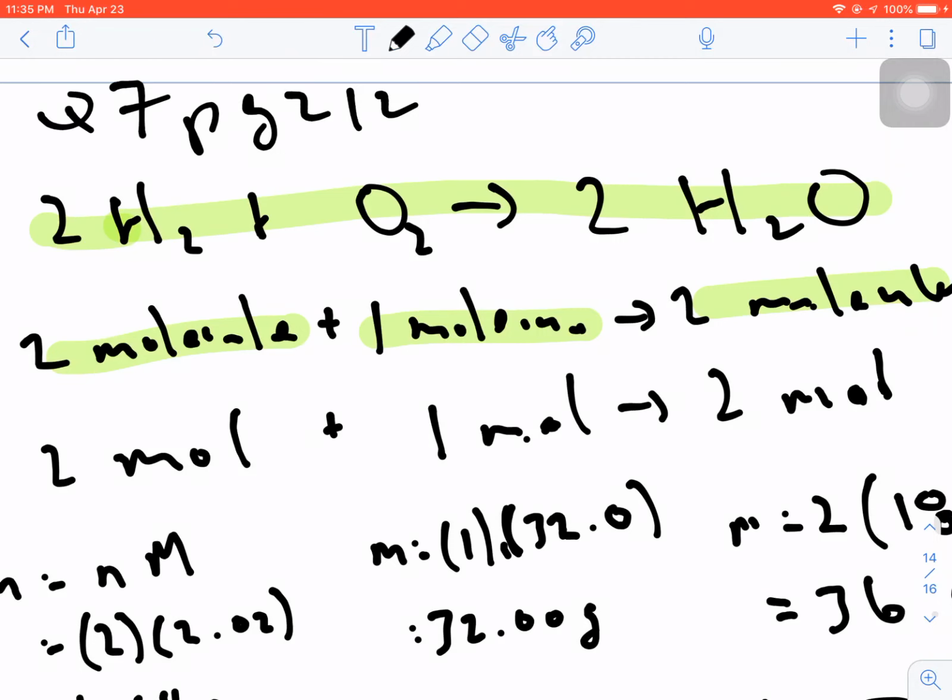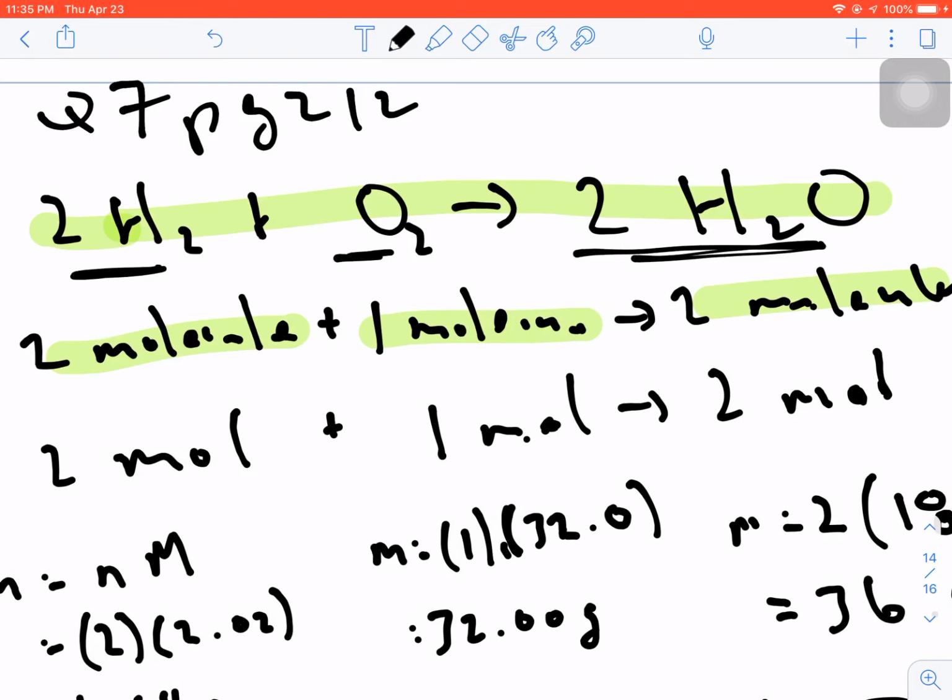Now, all you had to do in this question was basically copy down the chart that they had in the textbook. So that's what I've done here, and I've said, okay, if we know that two molecules of H2 react with one O2 to make two waters, that tells me about the number of molecules that are reactants and products.